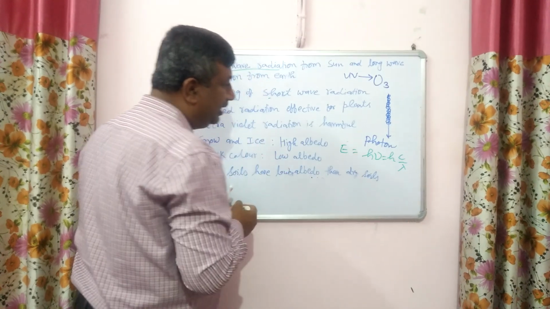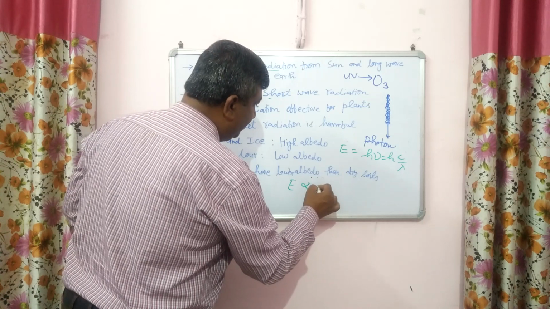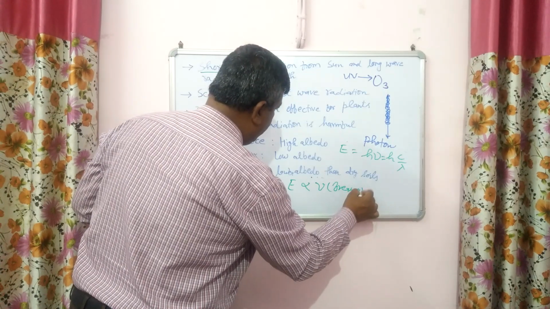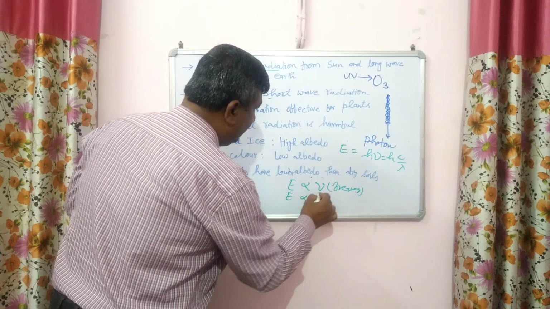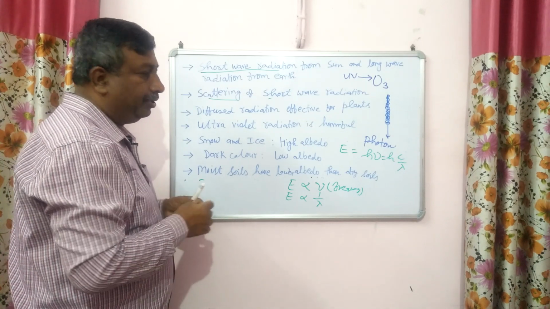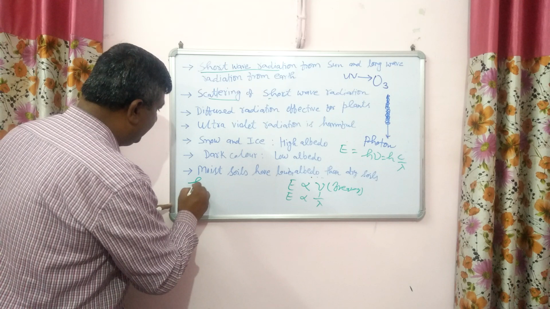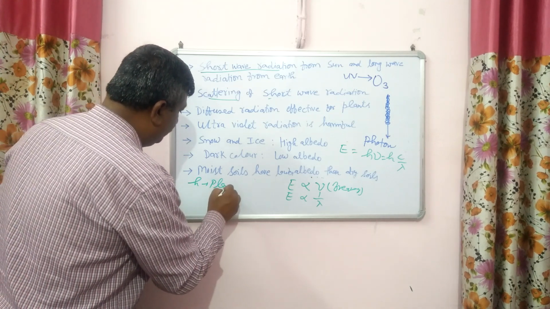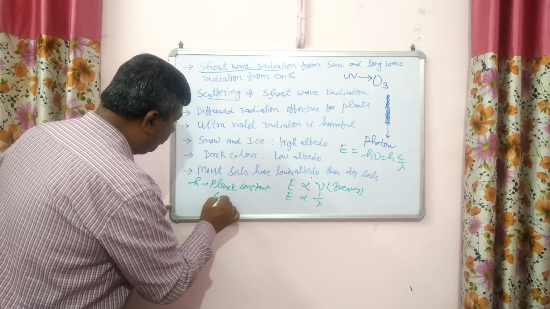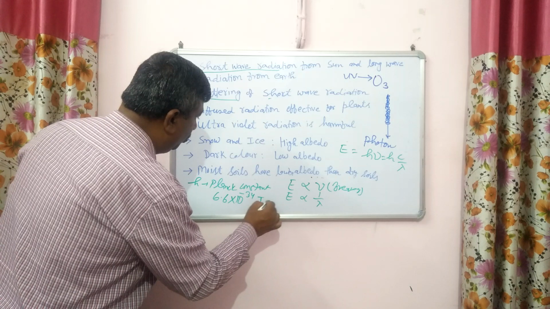So we can see that the energy of a photon is directly related to the frequency ν, or energy is inversely related to λ. Actually frequency and λ are inversely related, and h is the Planck constant, and its value is 6.6 × 10^-34 joule second.